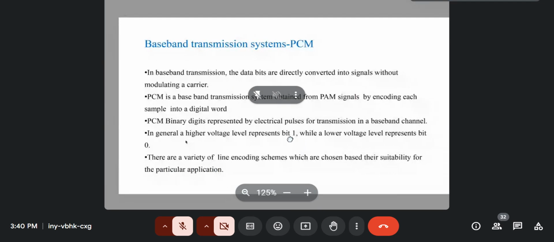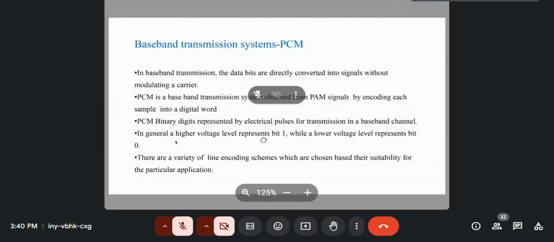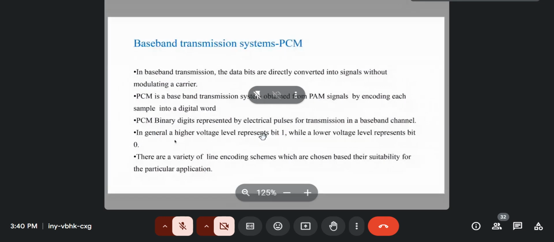Because remember, the carrier is a signal, so you have to modulate it with another signal. So you actually still use line encoding. Actually, what we are discussing here is called line encoding. When you represent a bit with a signal, we call it line encoding.